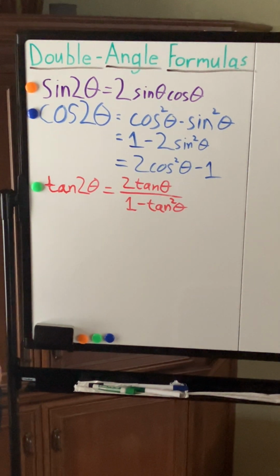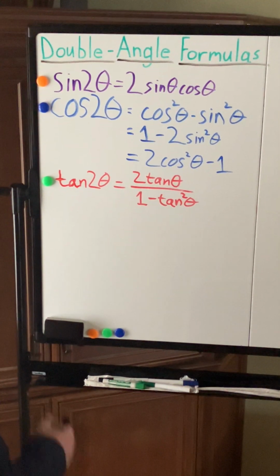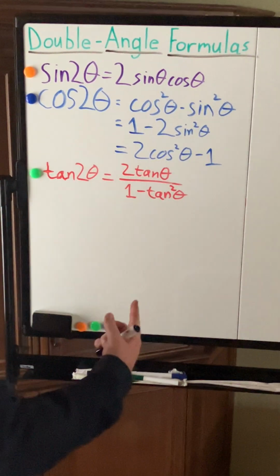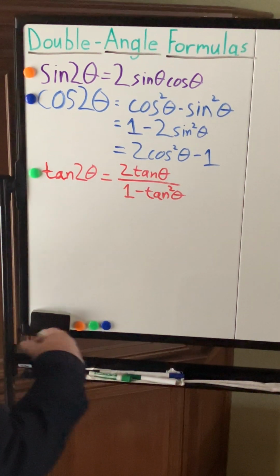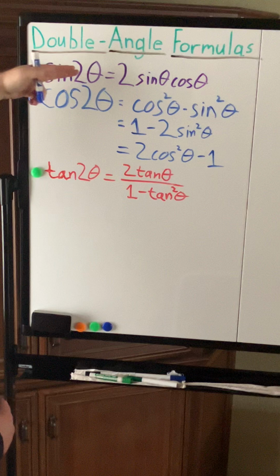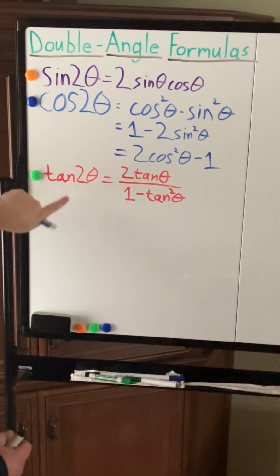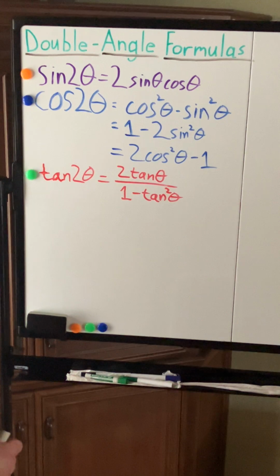You will be given some information about, in this case, just one angle, and then you will need to find the sine of double that angle, like sine 2 theta, cosine 2 theta, tan 2 theta.